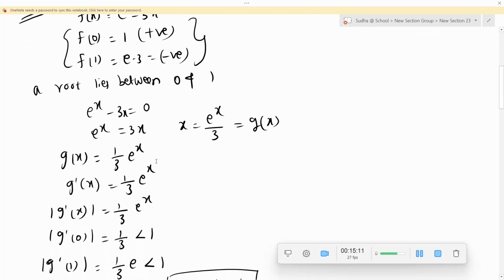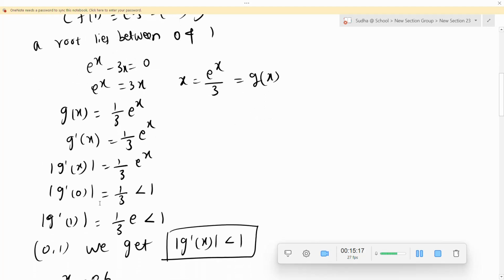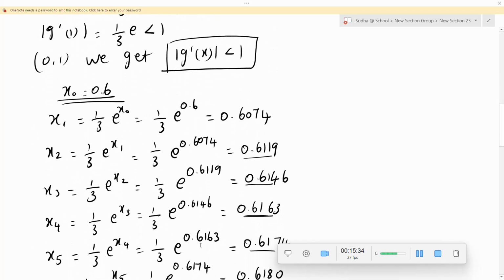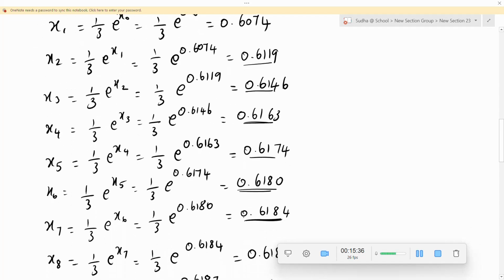Next you should make x equal to g of x. Next you should differentiate with respect to x, so g dash of x. Actually here, modulus g dash of x less than 1 is the sufficient condition. Only if this condition is satisfied do we apply the fixed point method. The first problem satisfied the condition, so that's why we applied the fixed point method.